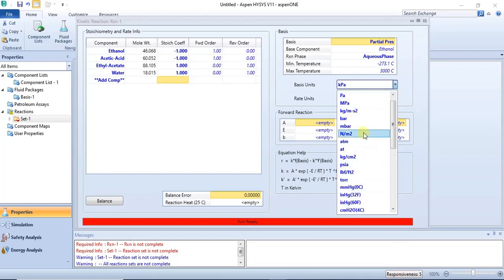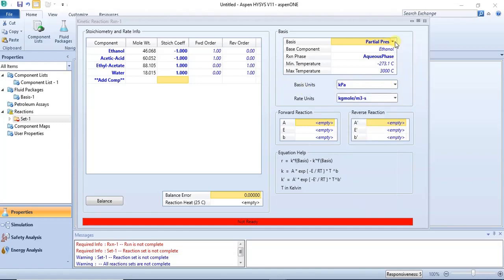So you can change your pressure unit. This case occurs when your rate concentration is based on P, where we saw P in that particular journal, right? So in that case, you'll be specifying any of these units. But in this case, we are making use of molar concentration, so I'm going to change it back. So this is what we have, right? So basically, all our basis has been properly specified.